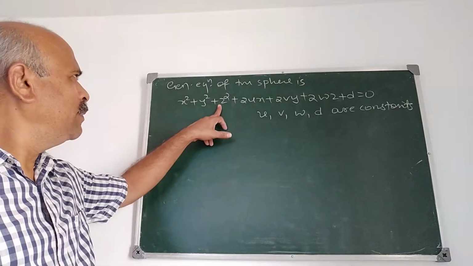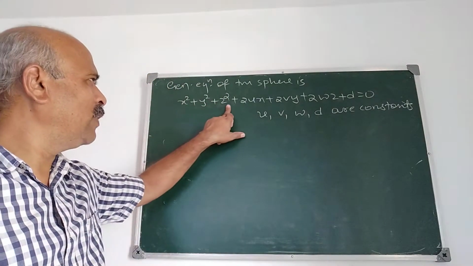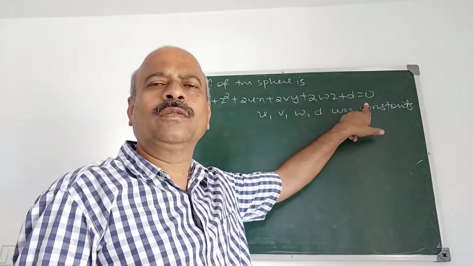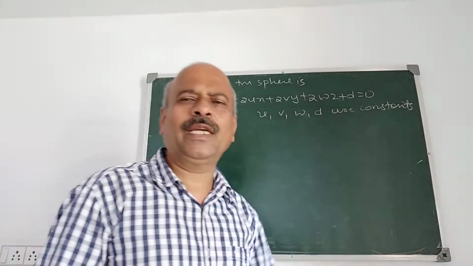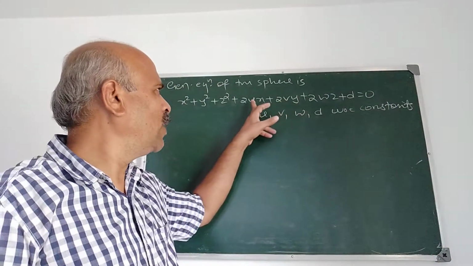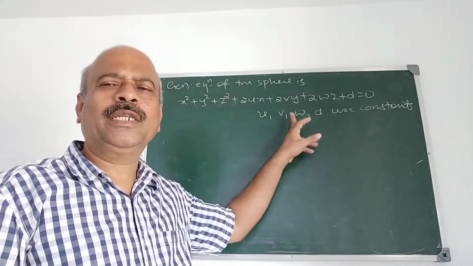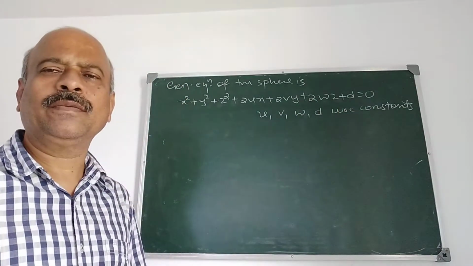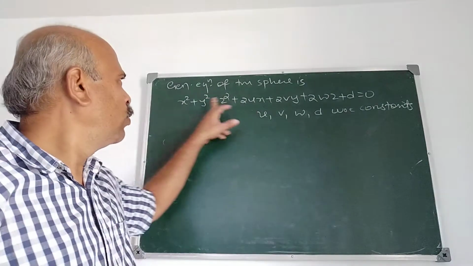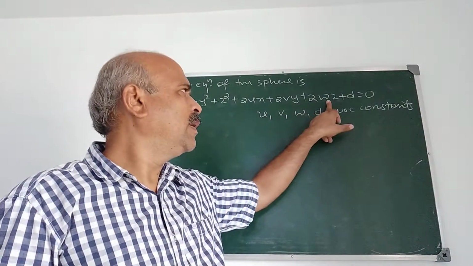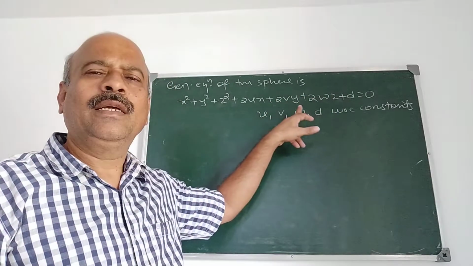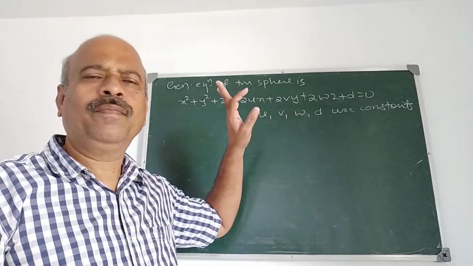So we prove that this equation always represents a sphere, and also we find the coordinates of the center and the radius. You can take this as the first derivation here: prove that this equation represents a sphere, and find the center and radius of that sphere.